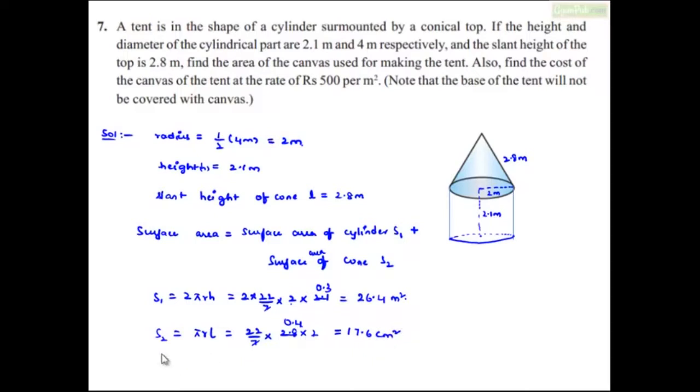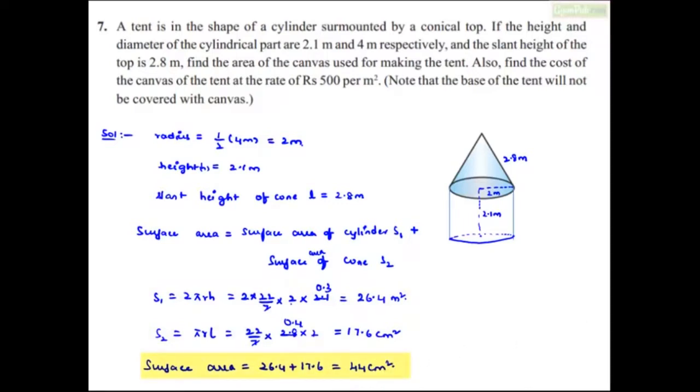So finally we get the required surface area is equal to S1, that is 26.4 plus S2 is equal to 17.6, which is equal to 26.4 plus 17.6 is 44 meter square.